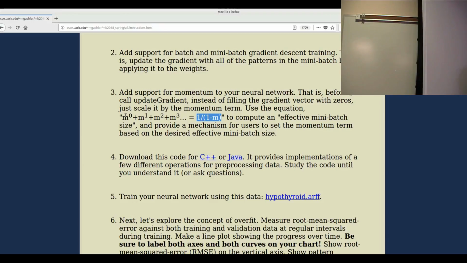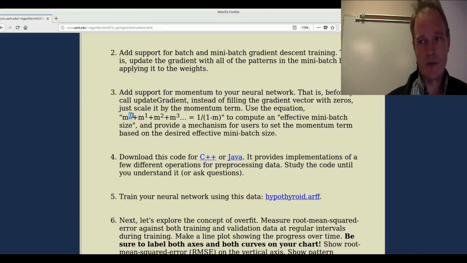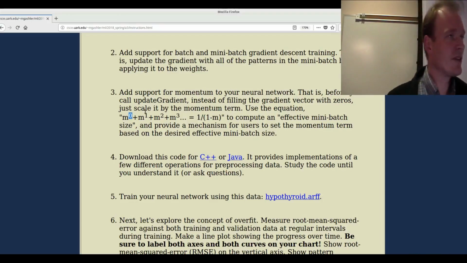Do you get what this equation does? Basically, if you take any number, whatever that number happens to be, and raise it to successive powers, the integer powers from 0 all the way up to infinity, then this computes the number for you.